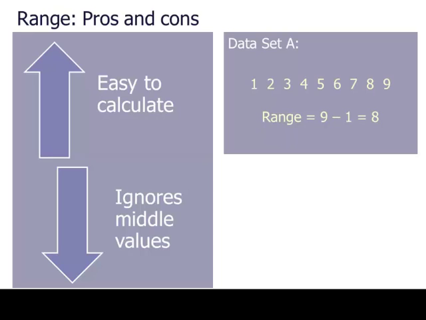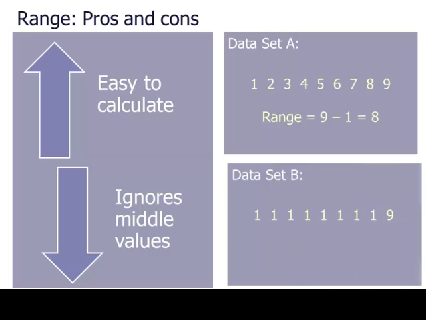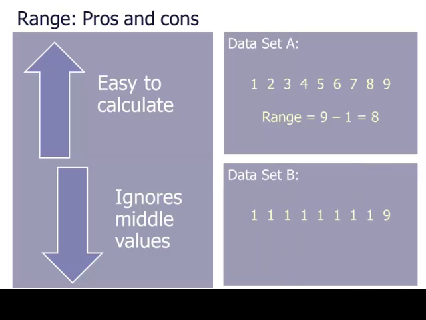Compare data set A to data set B. All of the numbers in data set A are different, whereas in data set B, all of the numbers except 1 are the same. In short, data set B has much less variability.